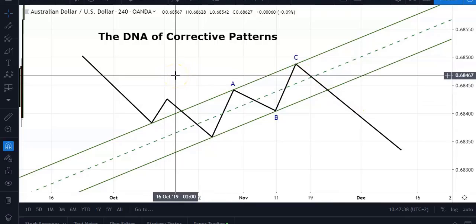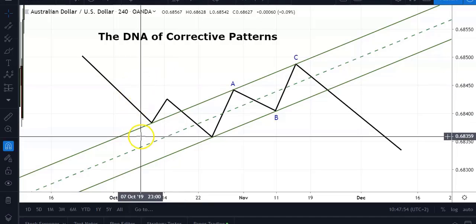Now, first off, I have to mention that corrective patterns go by many different names, and just as there are so many different names, so do traders employ different techniques like harmonic cipher patterns or Elliott Wave theory, to name just a few.